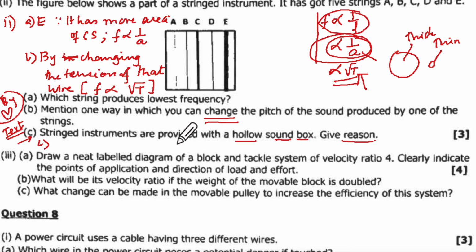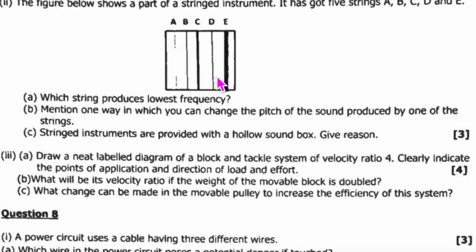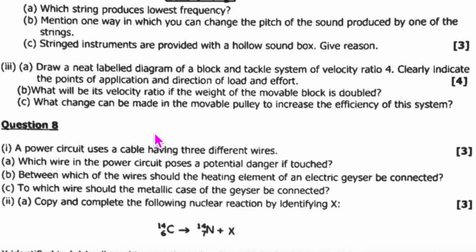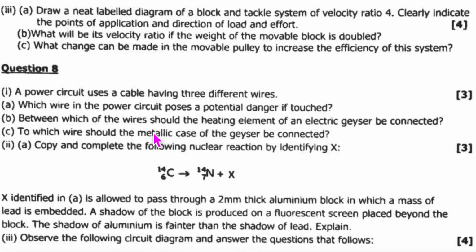For this you also have to mention two things: the large surface area, just write large SA over there, and the second one is resonance, resonating vibrations. Remember, it is so constructed that the frequency of the air column is equal to the frequency of the string. So there are two things that have to be included.